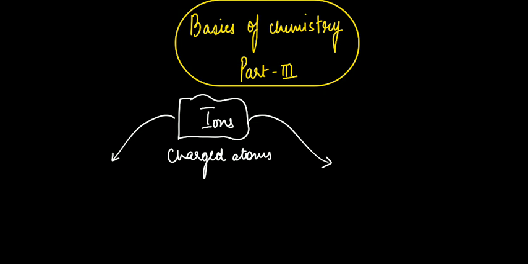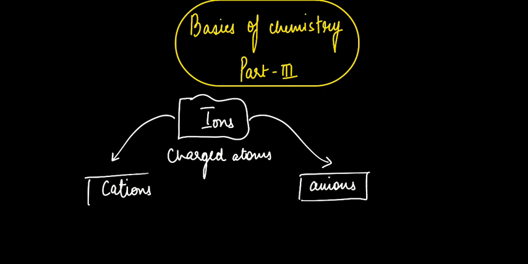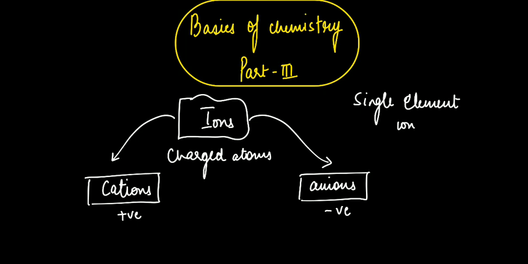So I'll write it over here. There are two types of ions that we discussed in the previous class, cations and anions. Cations carry positive charge, anions carry negative charge. I want to add one thing over here. These ions which I'm discussing right now are single element ions.